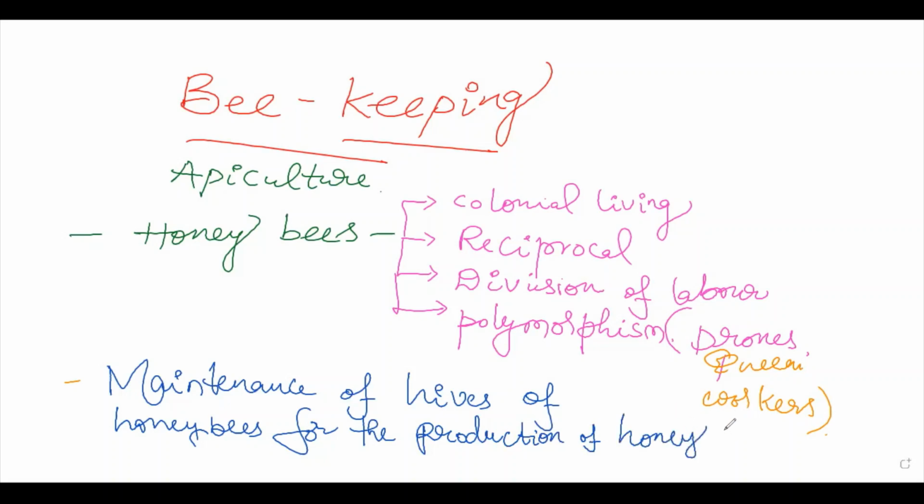Generally we can say beeswax is the main product of beekeeping. Honey is a byproduct. Wax is the real product of beekeeping, and honey is a byproduct.